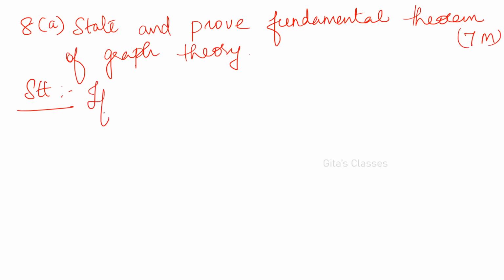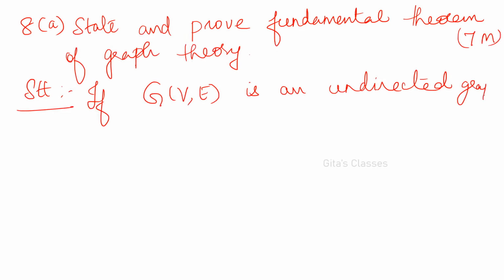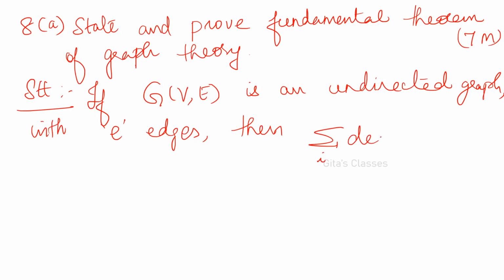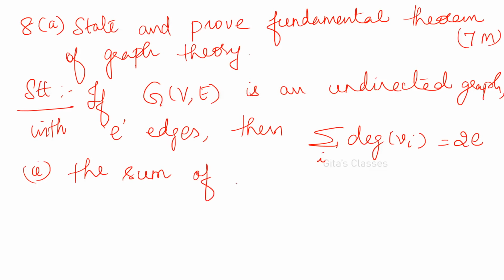So if G(V, E) is an undirected graph with E edges, then the sum over i of degree of Vi is equal to twice the number of edges. That is, the sum of the degrees.